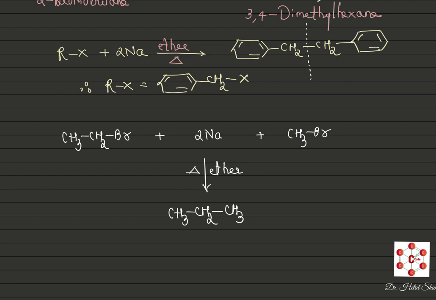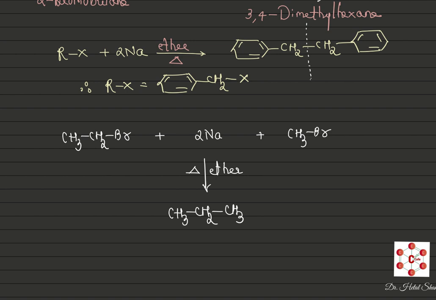No. Is it not possible that a methyl bromide may not come in contact with ethyl bromide, but before it does, it comes in contact with another methyl bromide and reacts with it? Yes. 1 mole is 6 into 10 power 23 molecules.